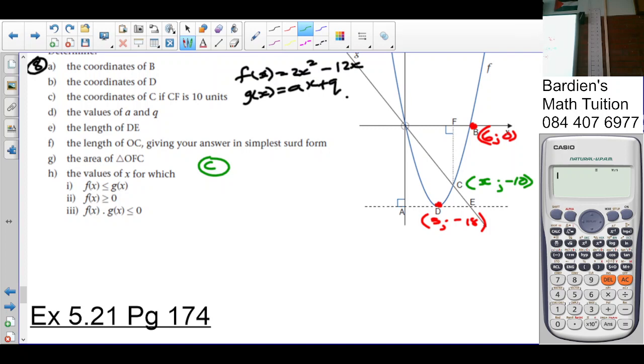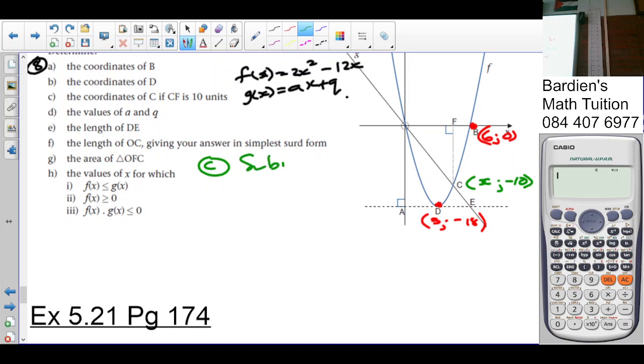So we set minus 10 equal to the, we can substitute either into your f of x or into your g of x. But at this point, g of x is not defined. You see that the equation is not defined. So we must substitute that into the f of x graph.